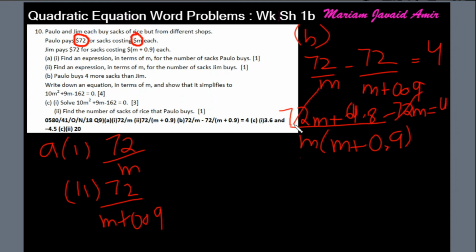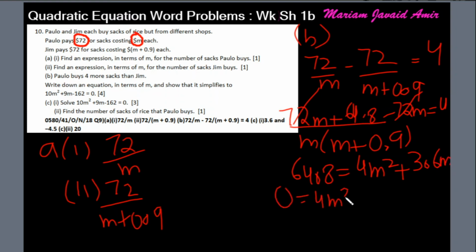These two get cancelled. 64.8, taking the denominator to the other side, and we get this, and 4 times 0.9 is 3.6M. Rearrange and we get 0 is equals to 4M square plus 3.6M minus 64.8.